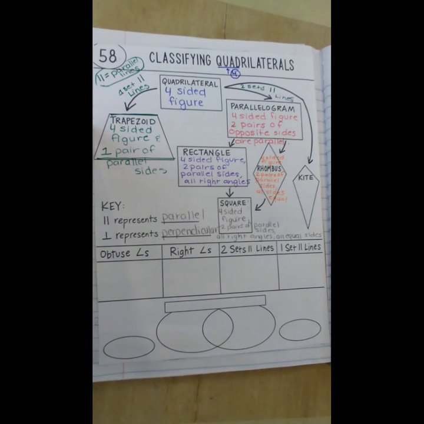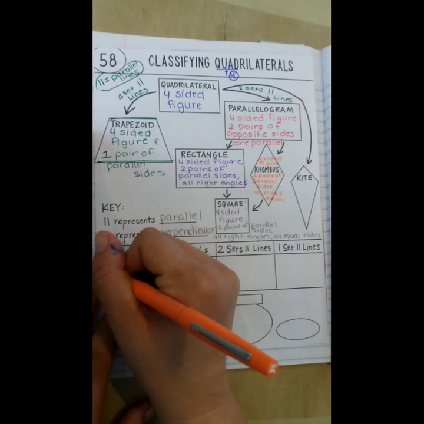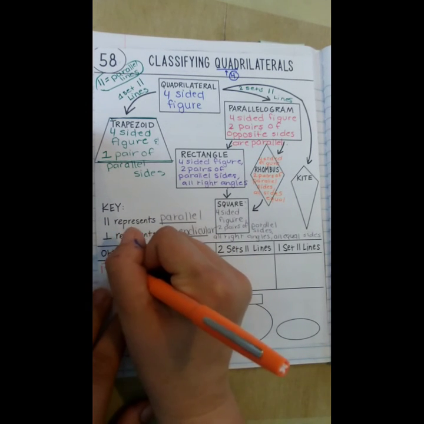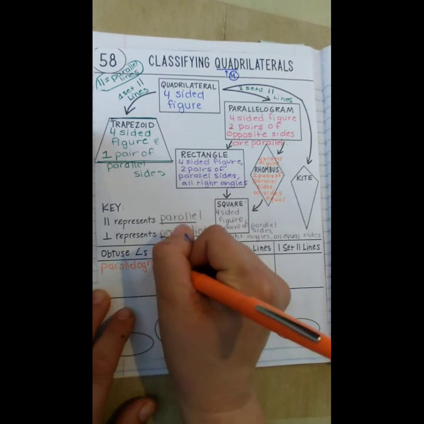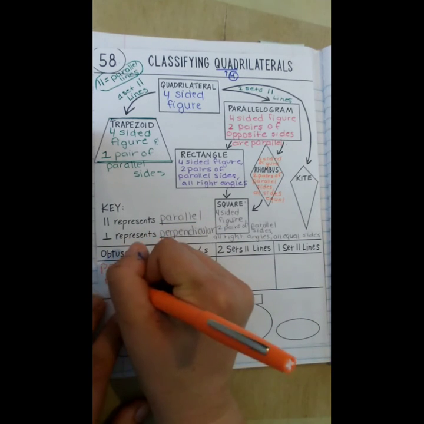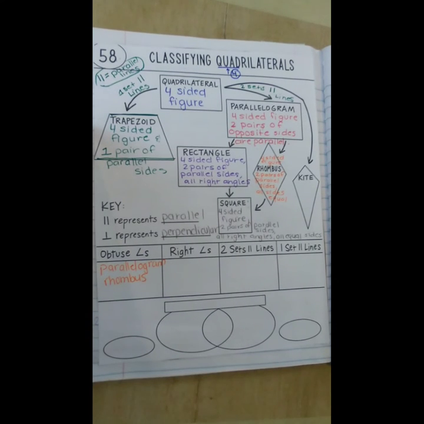If I see that a four-sided figure has obtuse angles, it could be either a parallelogram or a rhombus. That is not a square.